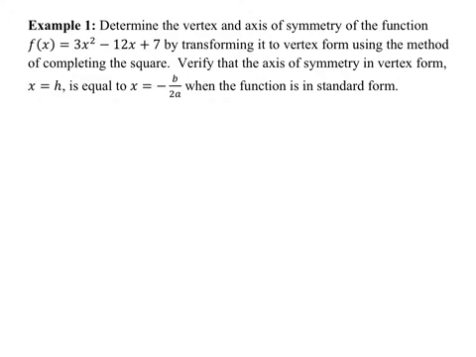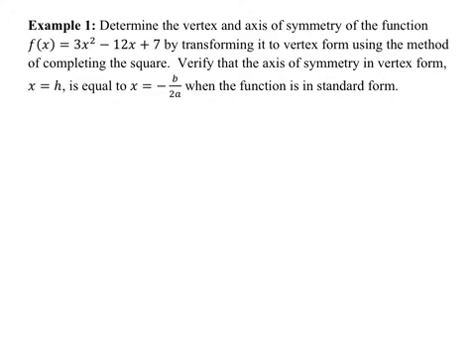Look at the first slide. Take a look at this first example for a second. So we're looking at an example here first that says determine the vertex and the axis of symmetry of the following function by transforming it into vertex form using completing the square.